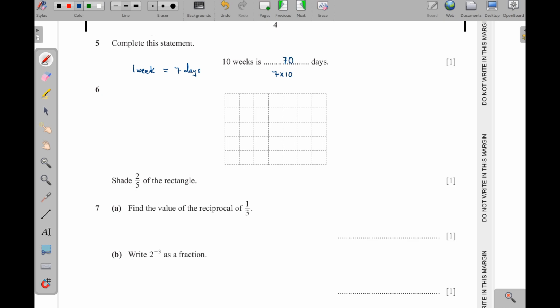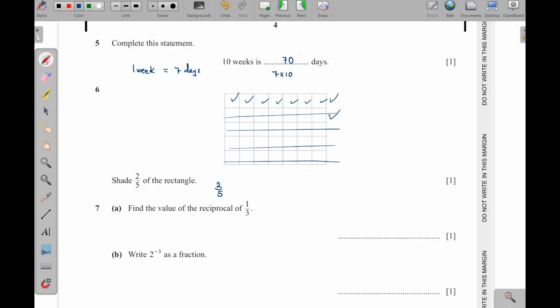Then question 6, shade 2 out of 5 of the rectangle. So 2 out of 5, first of all, I'll get the squares. How many are we seeing here? 1, 2, 3, 4, 5, 6, 7, plus 7 here, plus 7, plus 7, plus 7. So 7 times how many? 7 times 5? Yes.